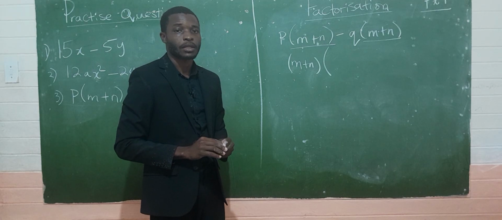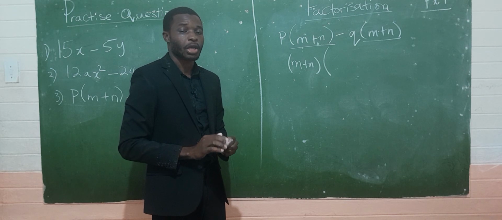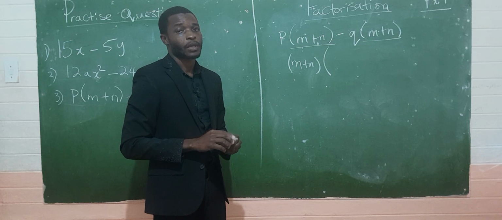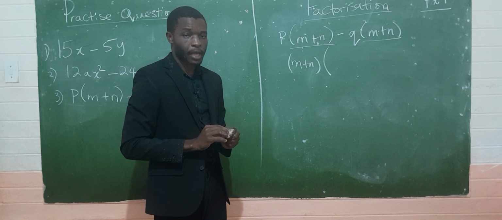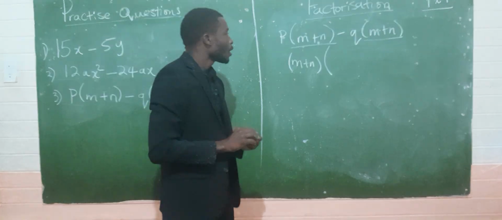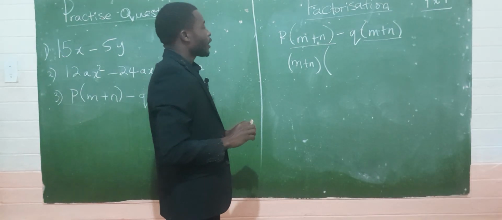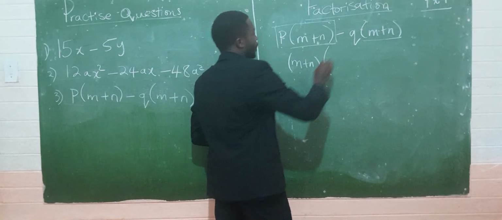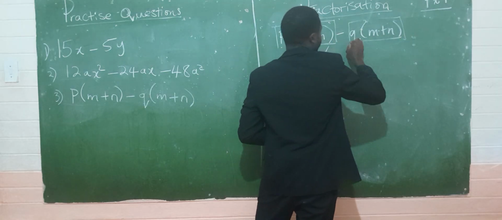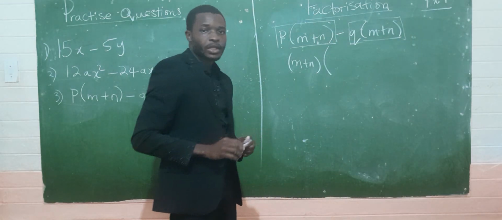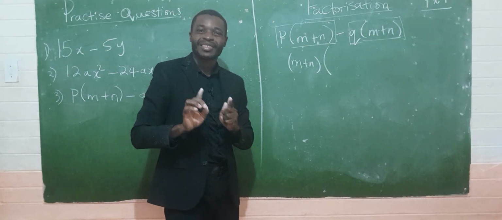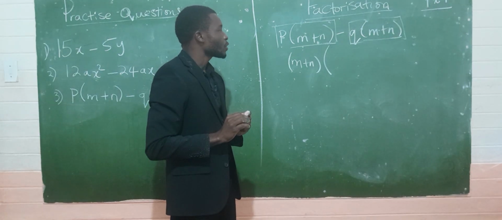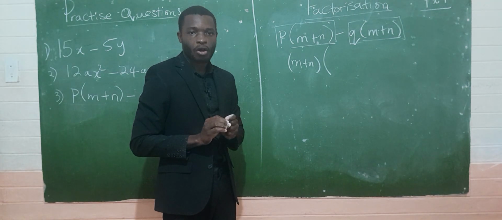Let me slow down. This part is quite important, and we're going to use it in our next video. Therefore, I have to properly explain. We have this term and we have this term. Our assignment is to find the highest common factor.